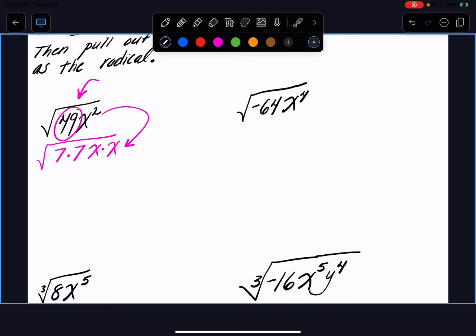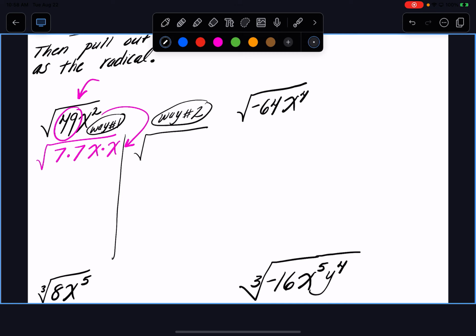Now at this point, everyone, we can think of this 2 different ways. Way number 2 is actually understanding the math behind it. Way number 1 is memorizing a process. We're going to see both ways. Way number 2 is as follows.